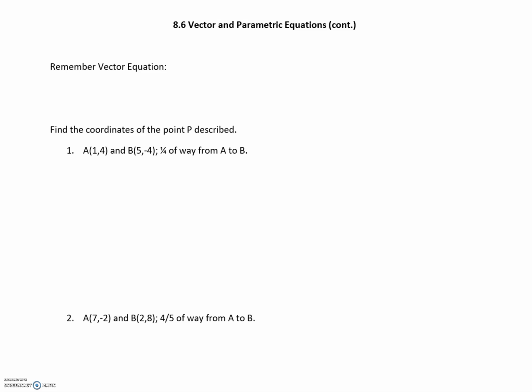So before we get started, remember our vector equation is going to be in the form of x minus x1, y minus y1 equals my t times my direction vector. So for this first type of problem, it's going to ask you what is the coordinates for point P that's being described below.